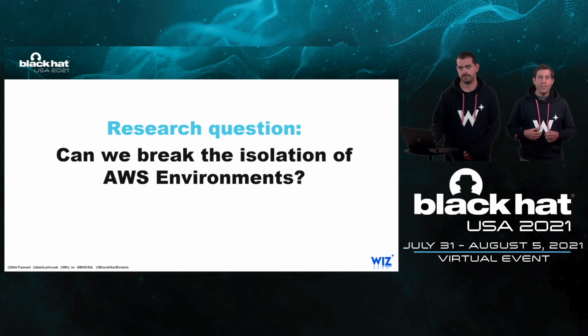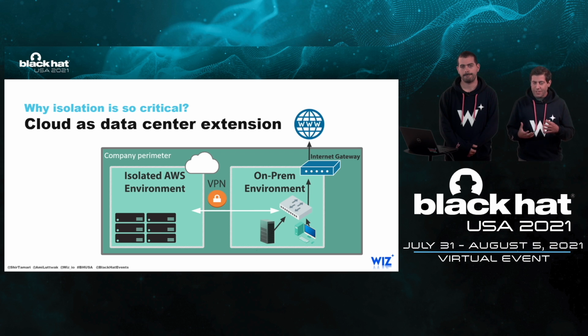And before we dive into the details, let's look at the specific way the cloud is deployed, just to understand why isolation is so critical, especially for those specific customers that use the cloud in this manner. The deployment model that I wanted to take a deeper look at is called cloud as an extension to the on-premise data center. In that deployment model, the cloud is completely isolated from the outside world.